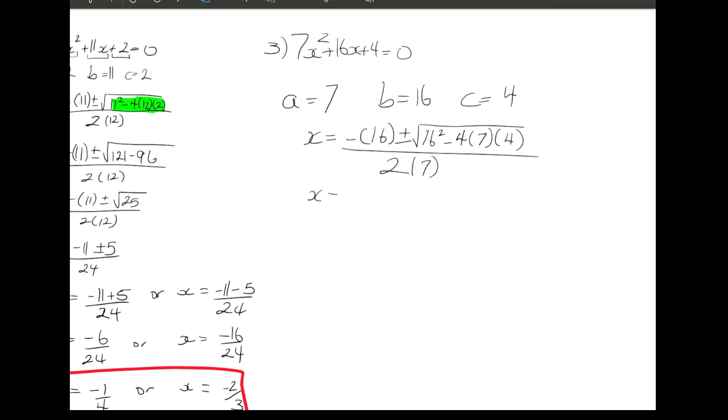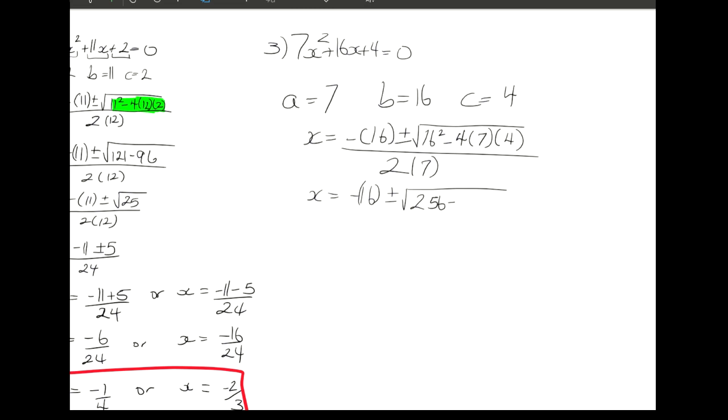Looking at the brackets first, we have 16 squared, and 16 squared is 256, minus 4 by 7 by 4, which is what?